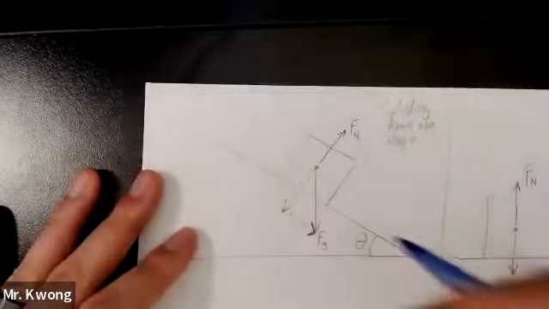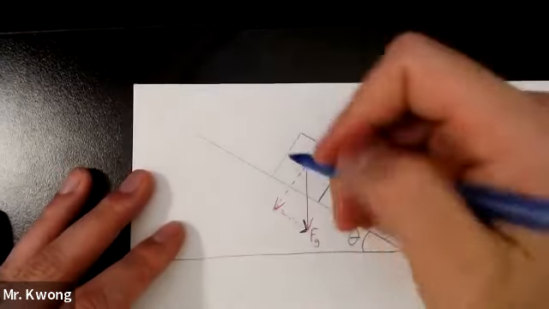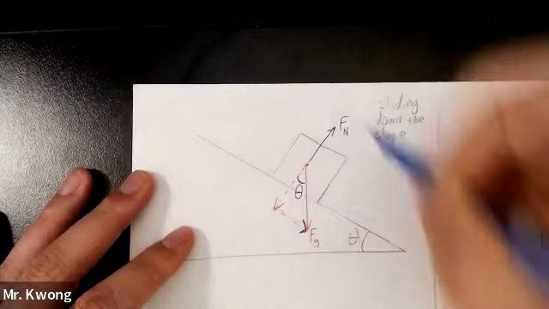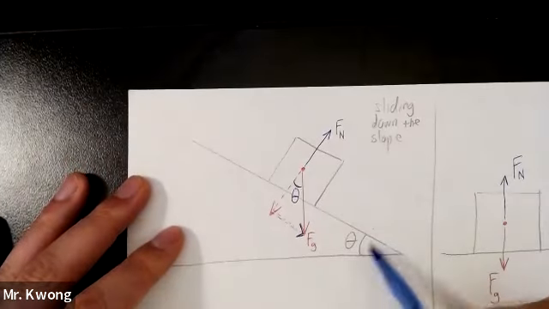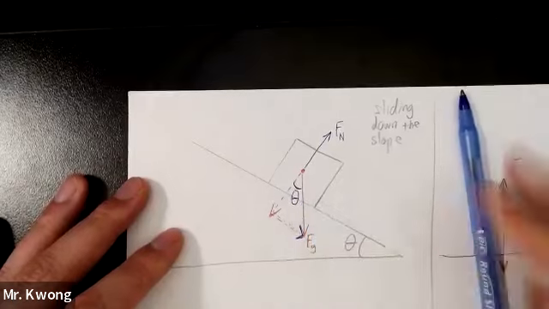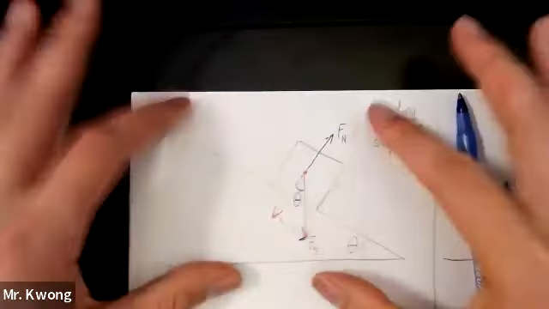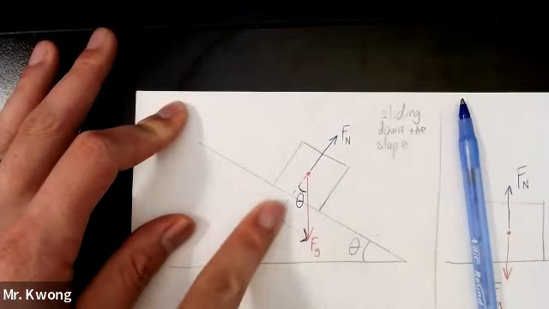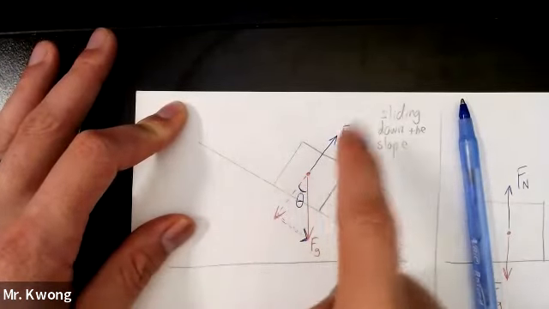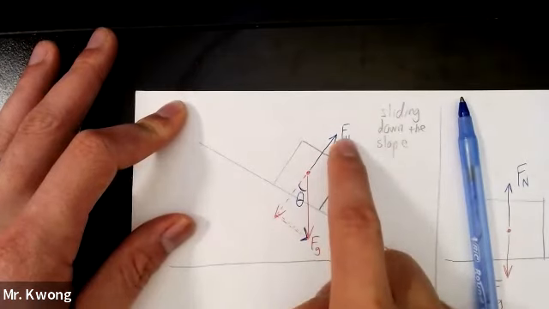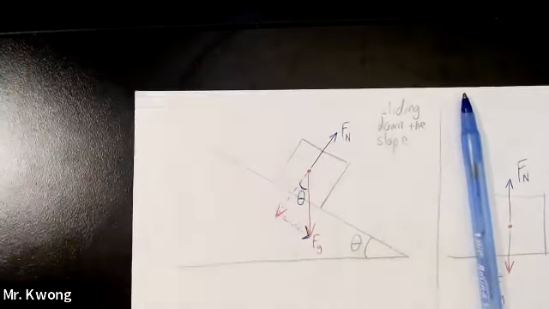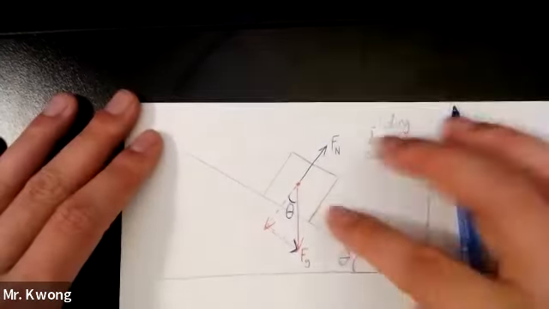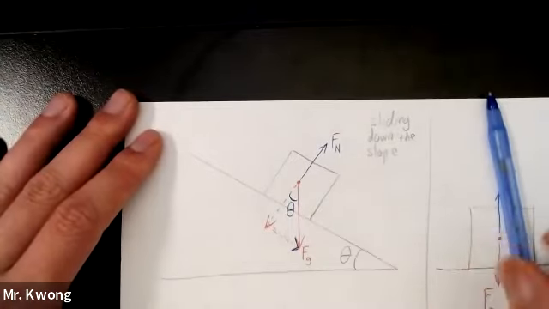It depends on where you're defining your X and where you're defining your Y. But we have this as our angle. So this angle here is the same angle as this one over here. And as we're just looking at the force of gravity, we're talking about this component being equal to the normal force, because the box is not going up off the surface, it's not going through the surface, it's just staying on it.